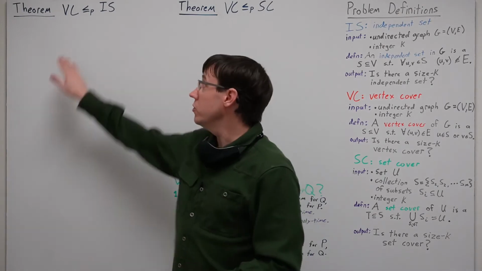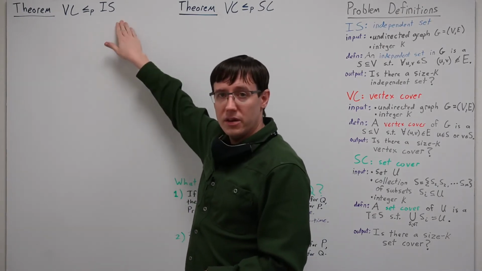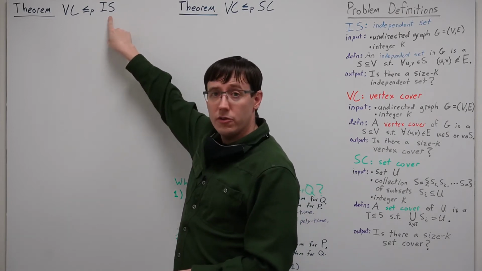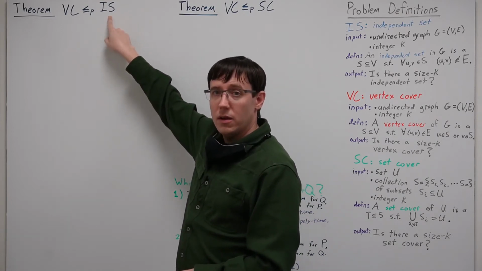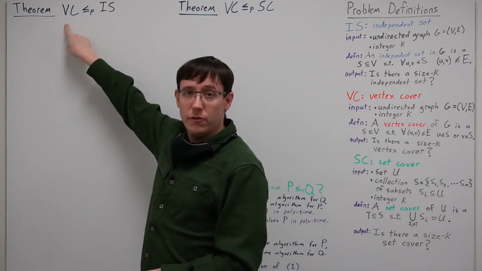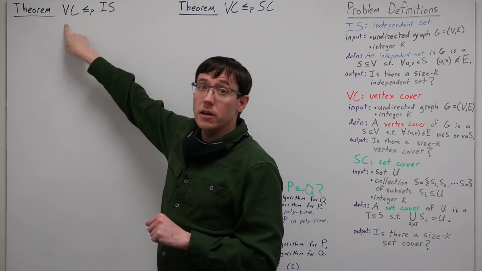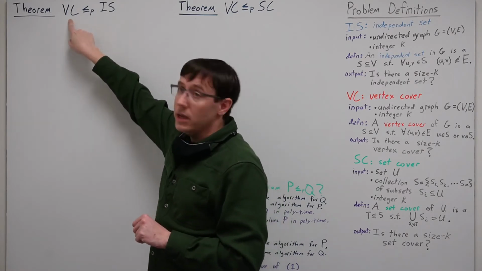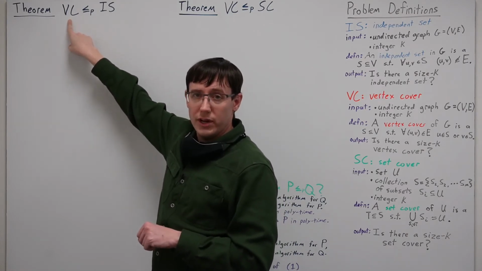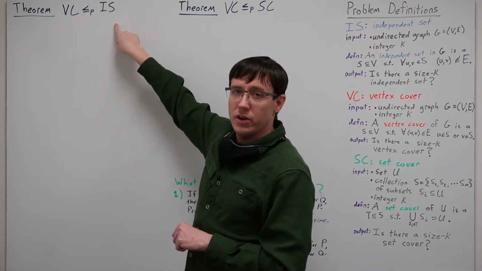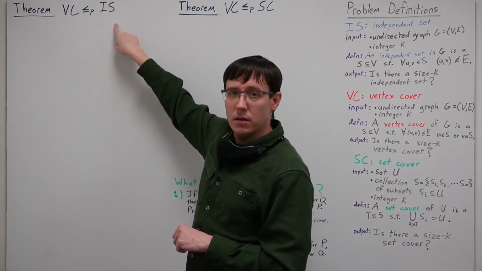If we can reduce vertex cover to independent set, that means if we have an efficient algorithm for independent set, we will also have an efficient algorithm for vertex cover. On the other hand, if we could prove that there isn't an efficient algorithm for vertex cover, that would also prove that there isn't an efficient algorithm for independent set.